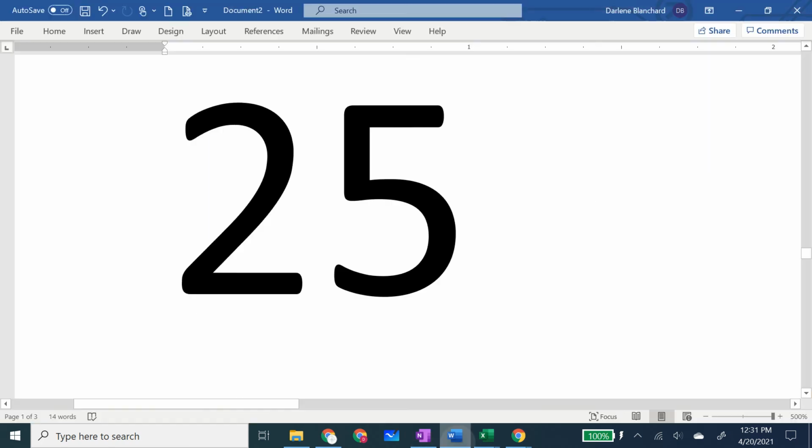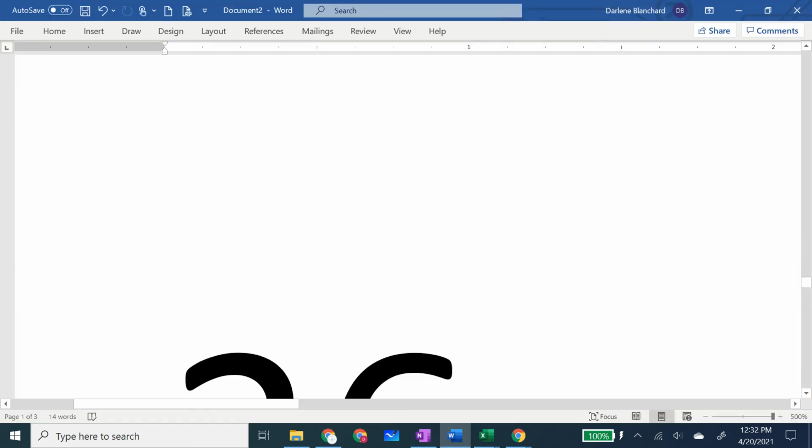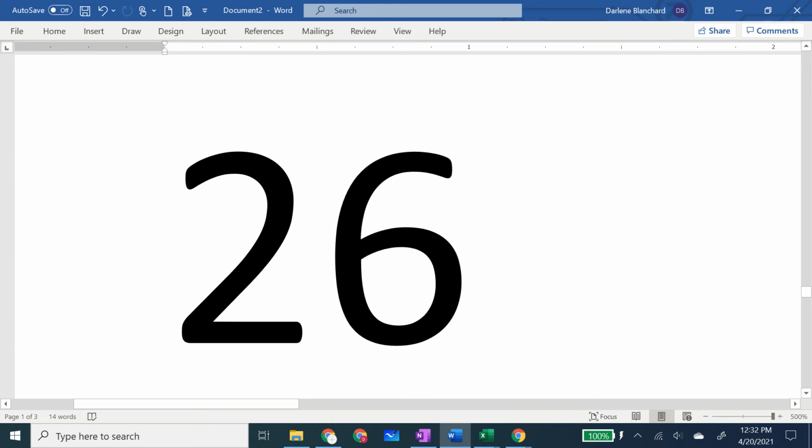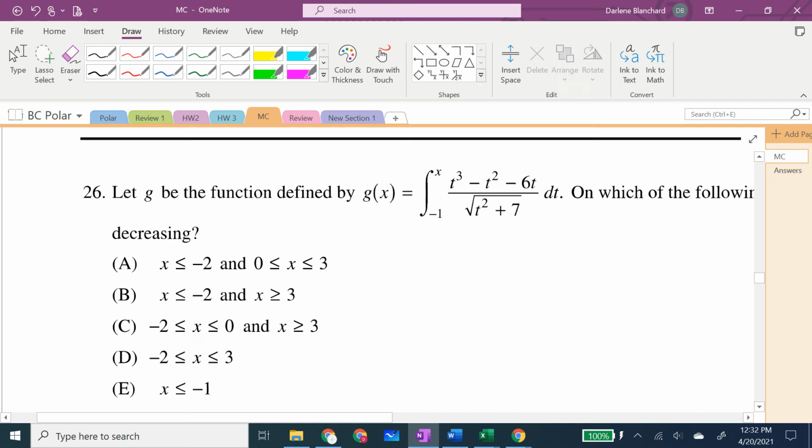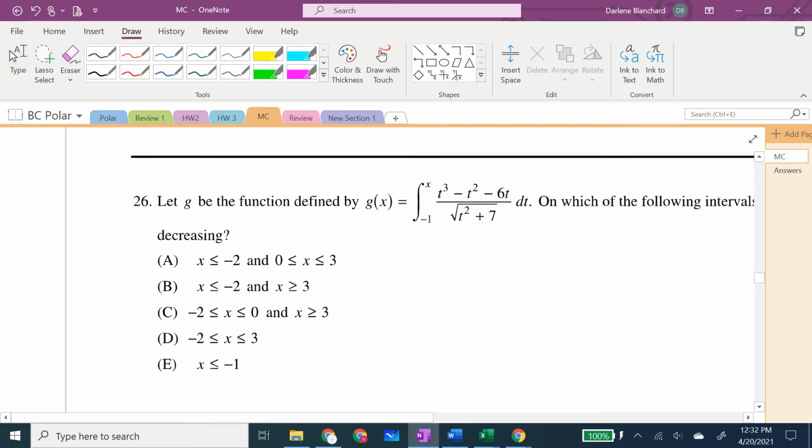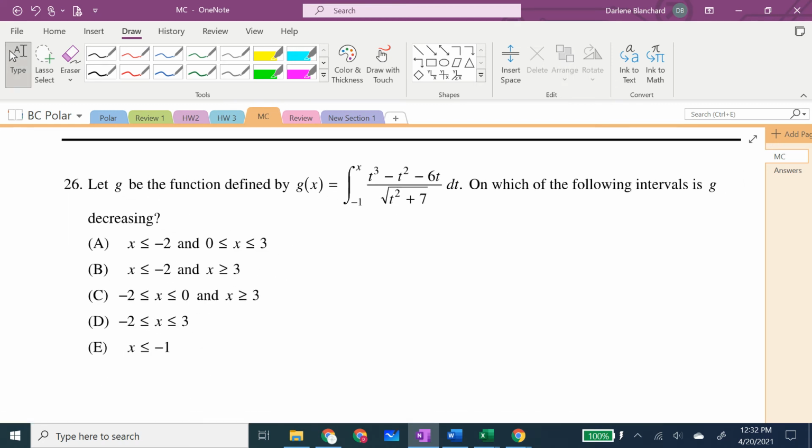All right. We're moving, aren't we? 26. Okay. On which of the following intervals is g decreasing? You do not have a calculator. You need to find g prime of x.